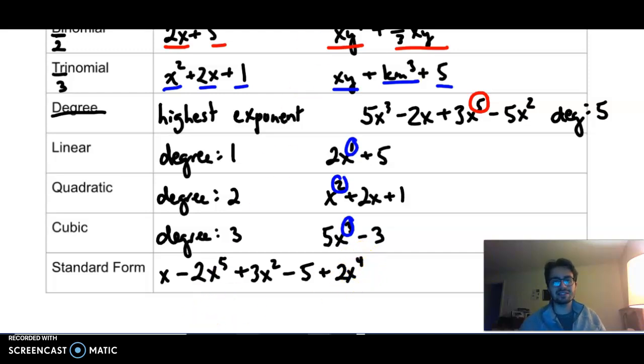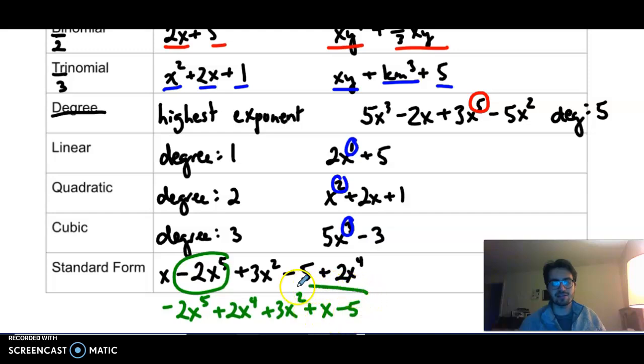So if I put this in standard form, I want to start with this term. Then the next one is 2x to the 4. Next I have plus 3x squared plus x minus 5. That is in standard form. You see 5, 4, 2, there's a 1, and then just the constant.